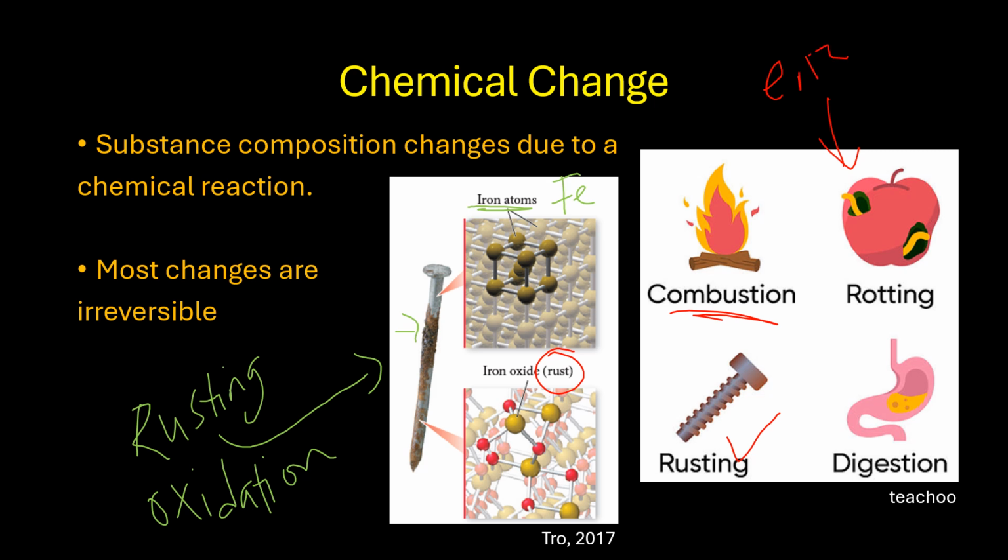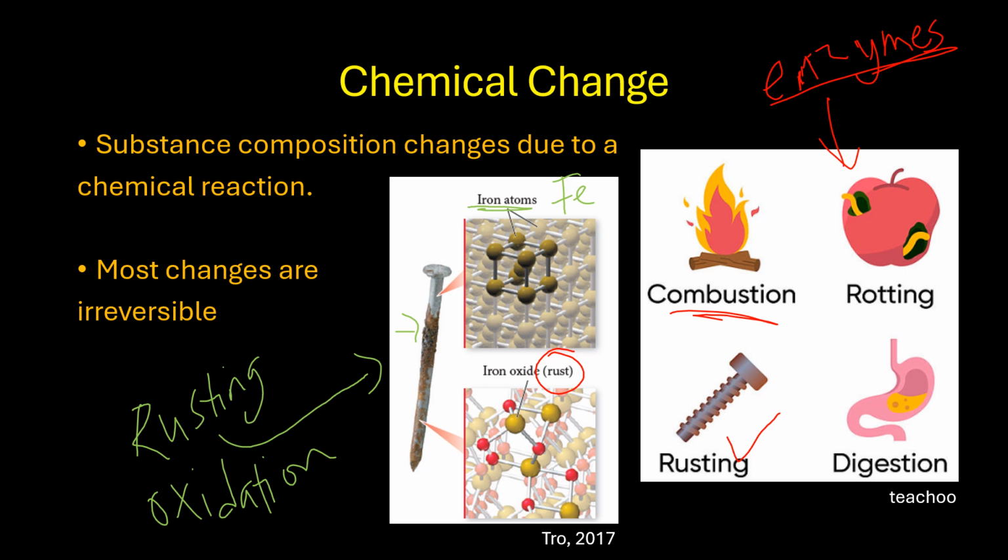So the enzymes basically go in and they break down the composition, the sugars and the fibers in the apple, and it decomposes that apple or whatever fruit until the fruit is barely recognizable.